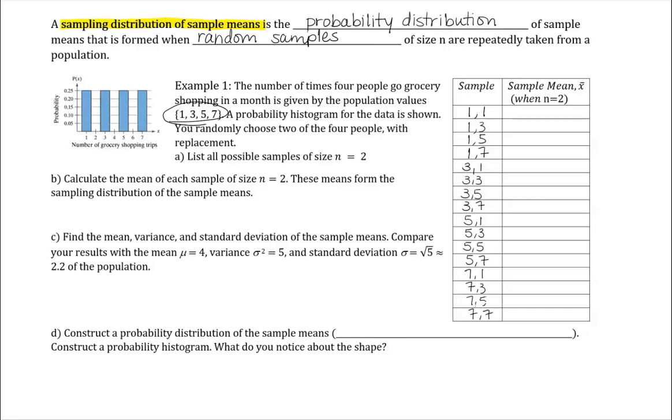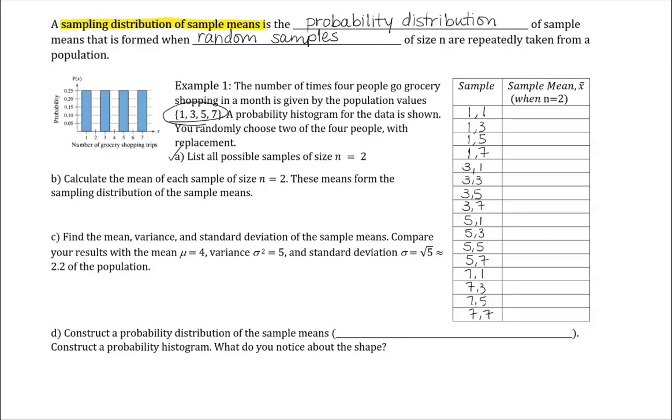Those are all of the possible samples of size 2 if we are picking 2 people with replacement. So I just listed all the different ways we could get 2 people. So we have completed part A. We have listed all those possible samples.